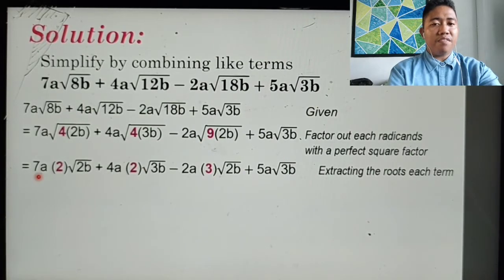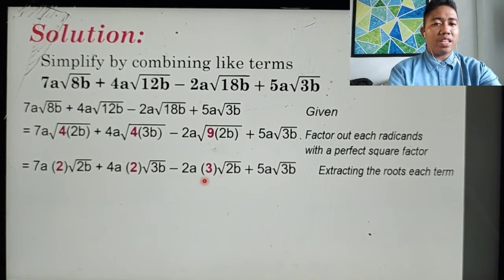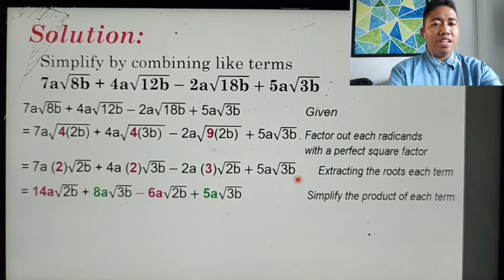So we have 7a times 2 times the square root of 2b, 4a times 2 times the square root of 3b, minus 2a times 3 times the square root of 2b, and the last term, we copy it, 5a times the square root of 3b.